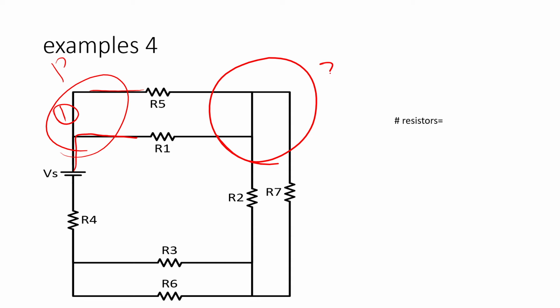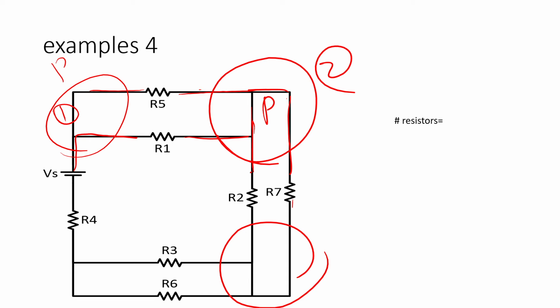Node number 2 connects R1 and R5 with R2 and R7, so it is a P node. This is another node connection point, so it is node 3, connecting R2, R7, R3 and R6. P node.